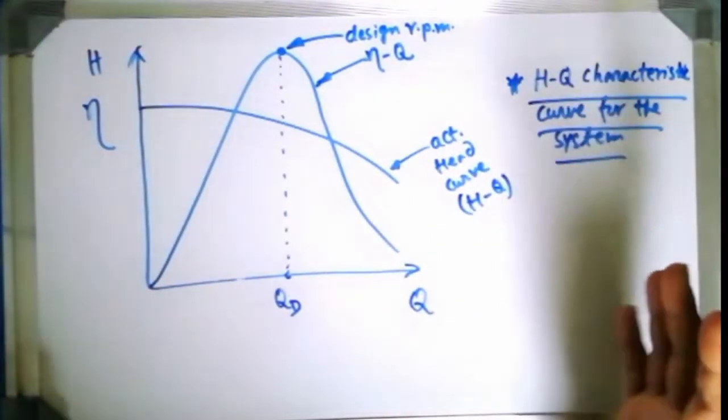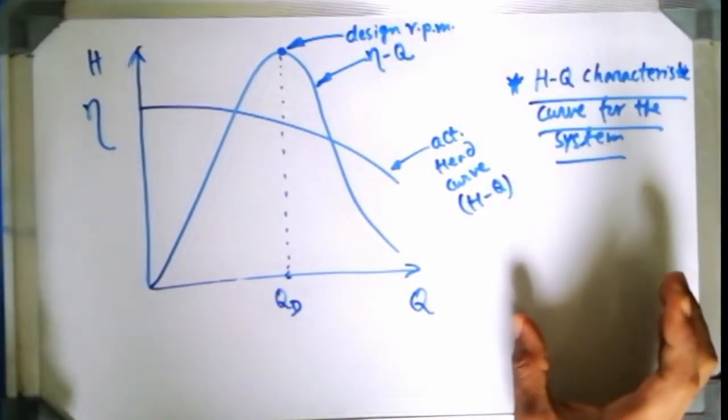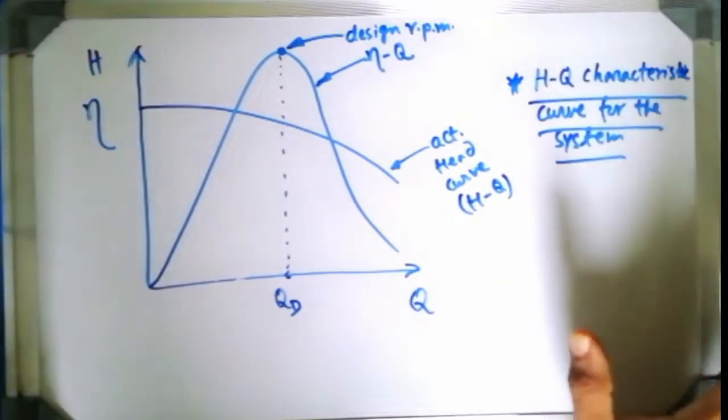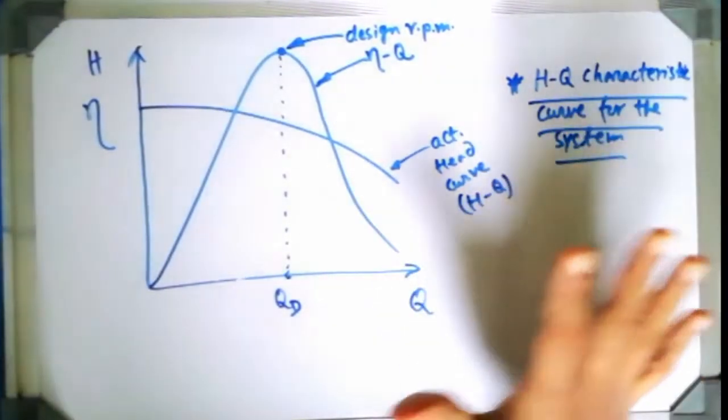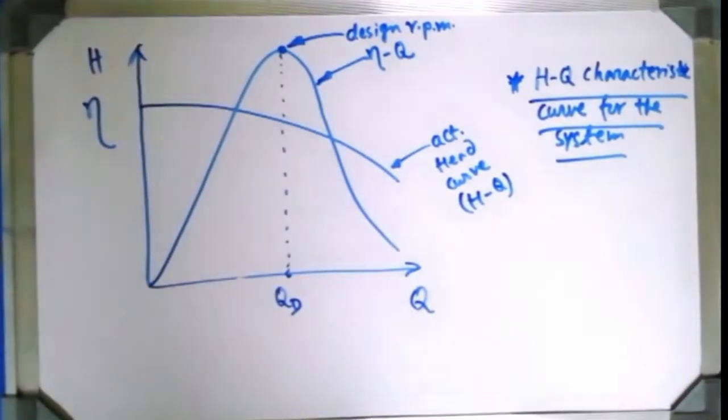So if we count all those losses, the head loss in the suction pipe and the head loss in the delivery pipe, then you will get a system curve.